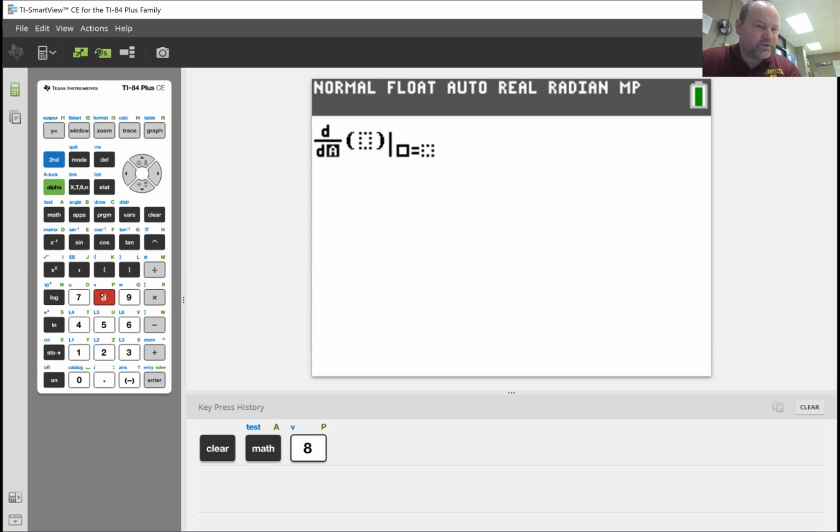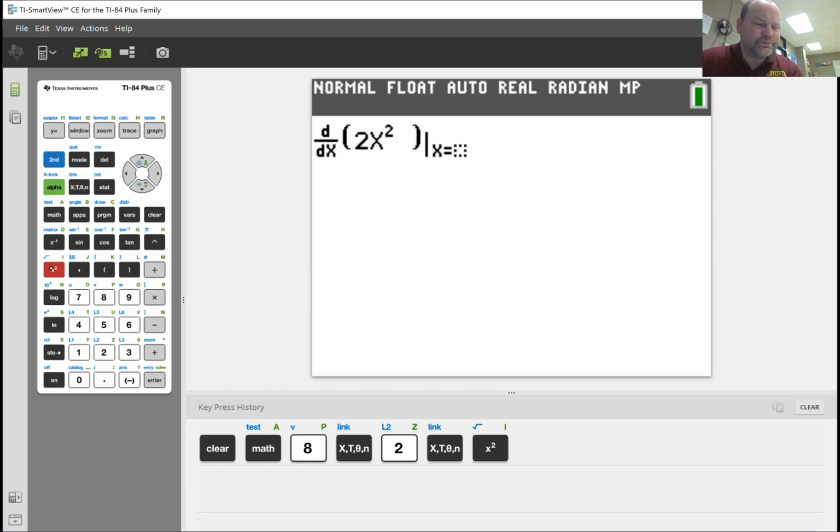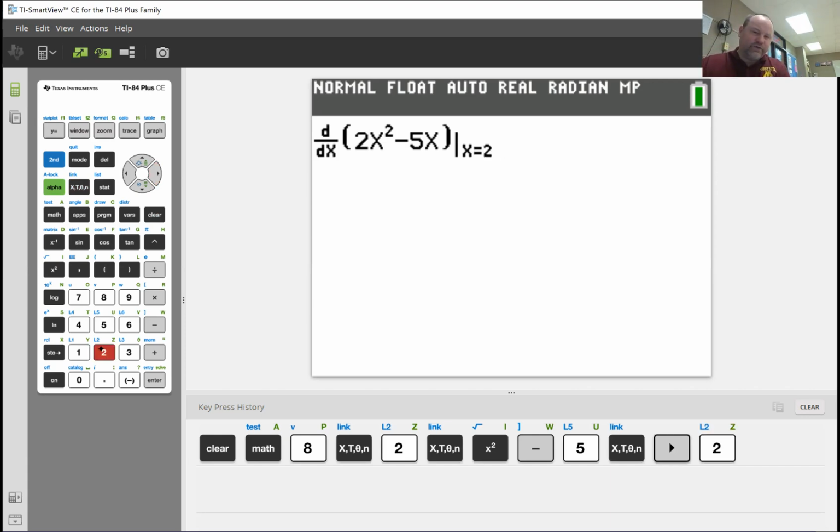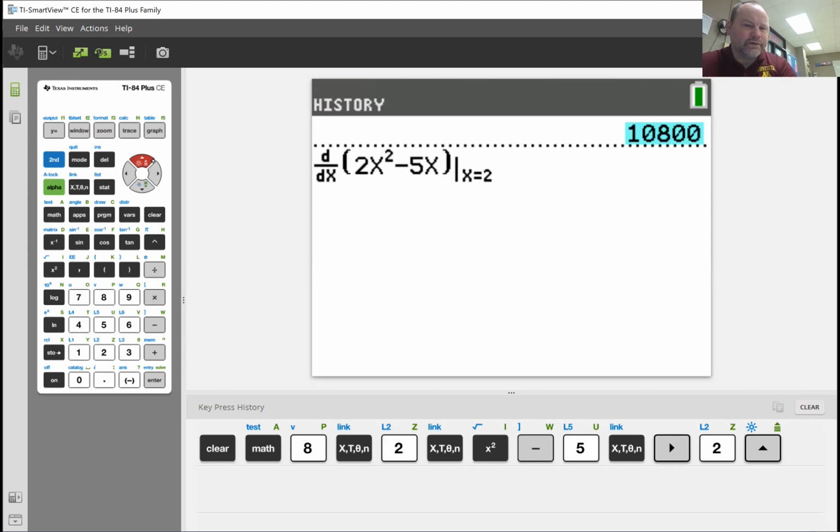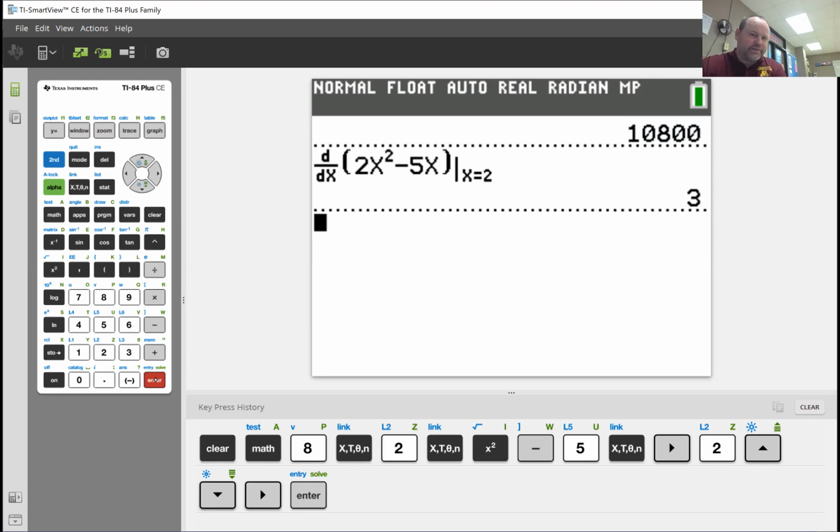You put the variable that your function is in terms of, so d over dx, type in your function, and the value that you want to evaluate it at. If you have a TI-84 or newer, that is the way you're going to do it. Then press enter. You get the same answer, 3.